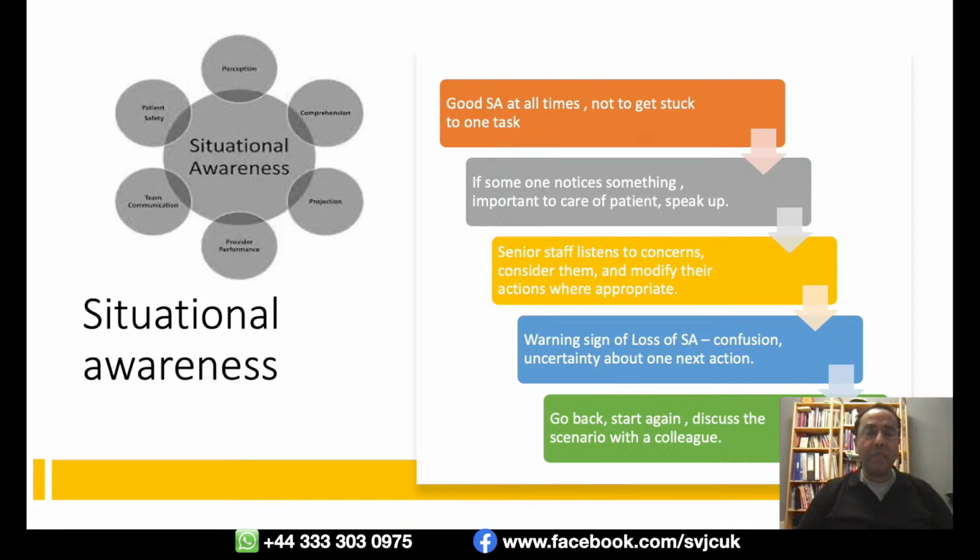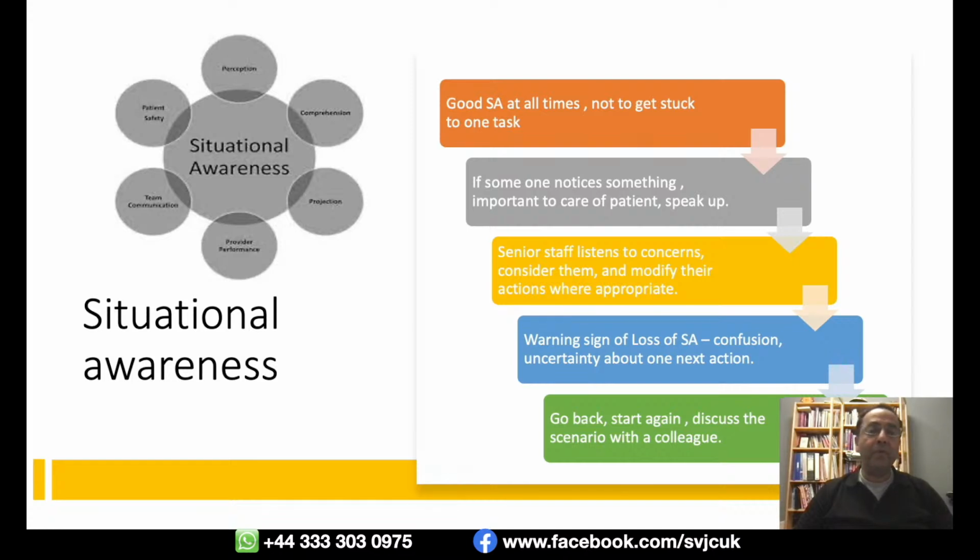What are the warning signs of loss of situational awareness? When there is confusion, when there is uncertainty about the next action, that's when we have lost situational awareness. So the most important thing is to go back, start again, and discuss the scenario with a colleague.